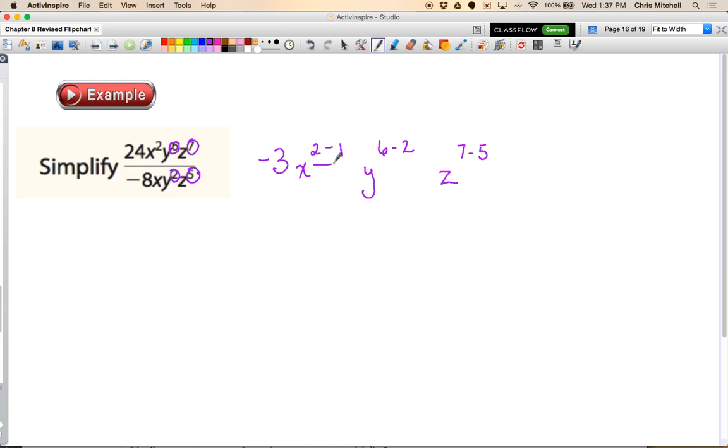So now I'm going to go ahead and evaluate these and write them. I know that this will be 1, this would be 4, and this would be 2. So here's my answer. Negative 3x. You could put 1, or I'm going to choose not to. y to the 4th, z squared. And that is it, guys. We have just simplified this expression.